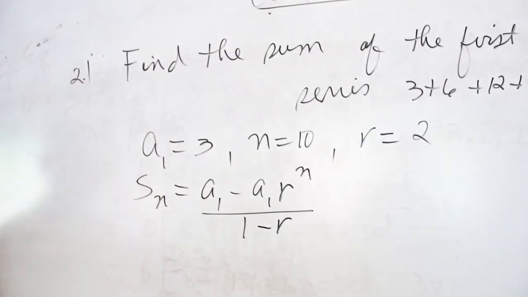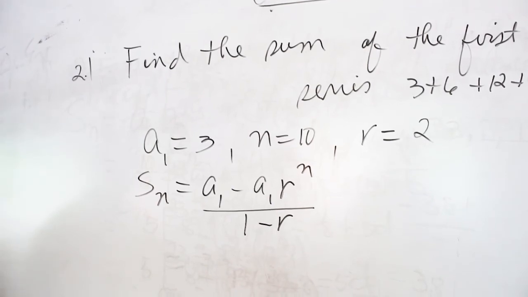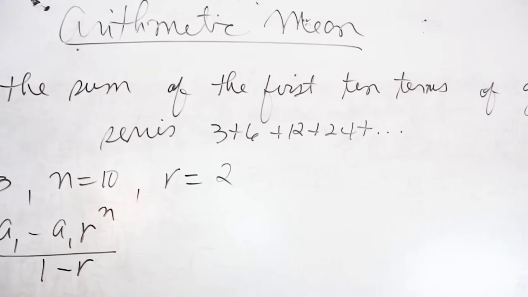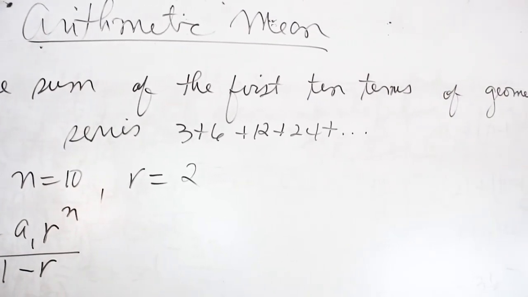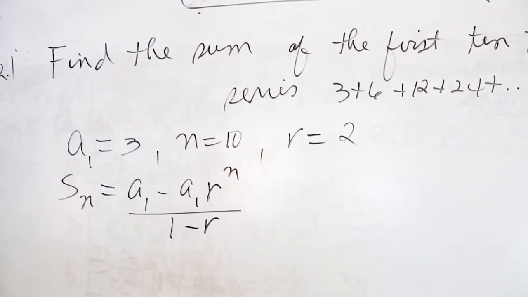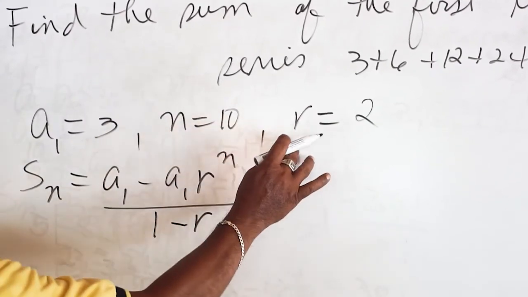Okay, example number 2. Find the sum of the first 10 terms of the geometric series: 3 plus 6 plus 12 plus 24. Then we have a subscript 1 equals 3, n equals 10, r equals 2.